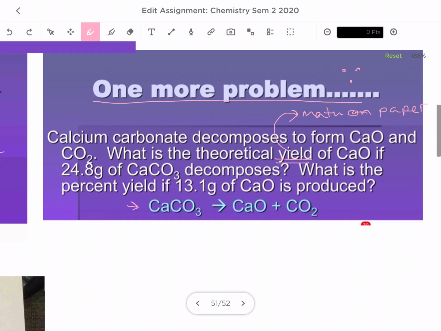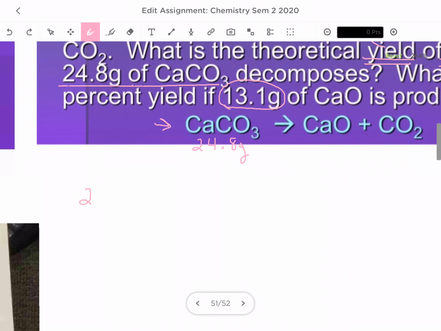This is just a basic stoichiometry problem. So what is the theoretical yield of CaO if, there's my single underline, and we'll deal with this in a minute. So I'm going to go 24.8 grams of CaCO3.